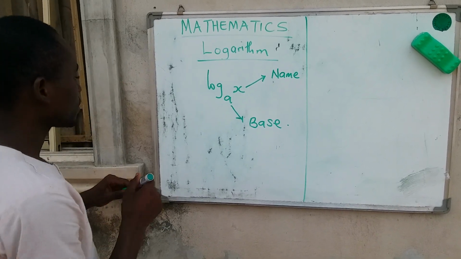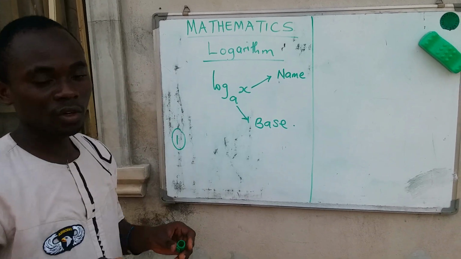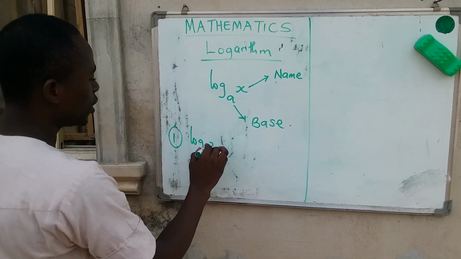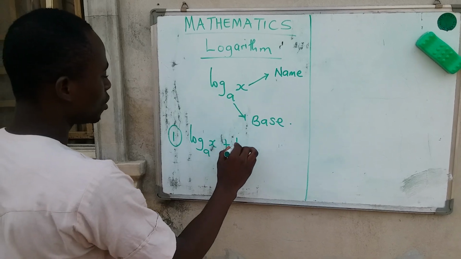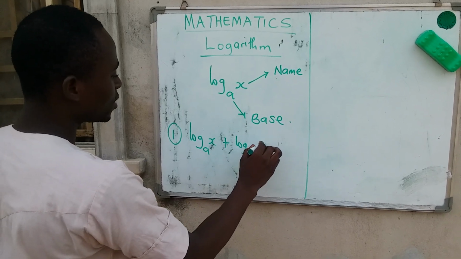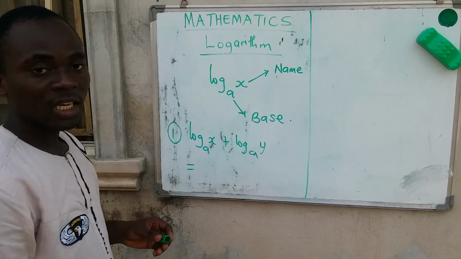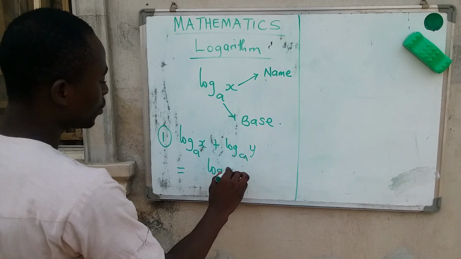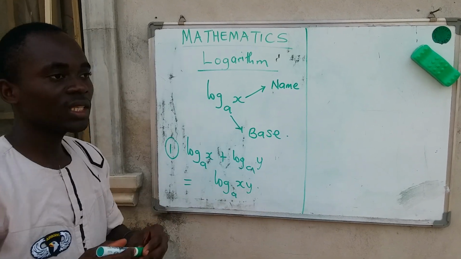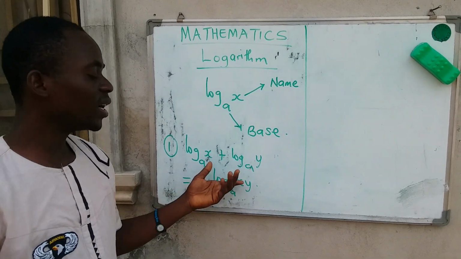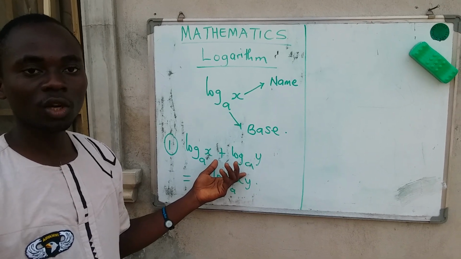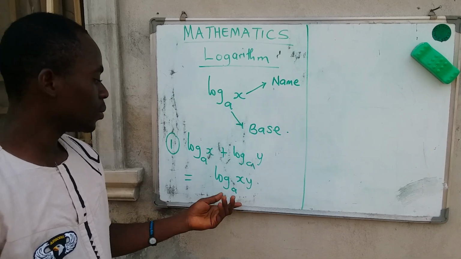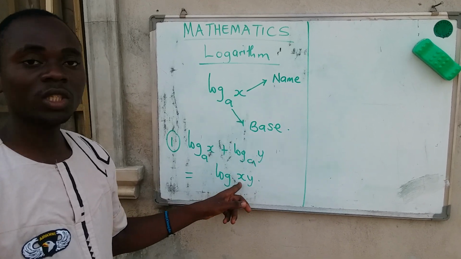One of the prominent rules says that if you have logarithm to base a of a number, say x, plus logarithm to base a of another number, say y, you simplify this as logarithm to base a of the product of x and y. This tells us that if you are simplifying the sum of two logarithms of the same base, you collect one of the bases and multiply the names.